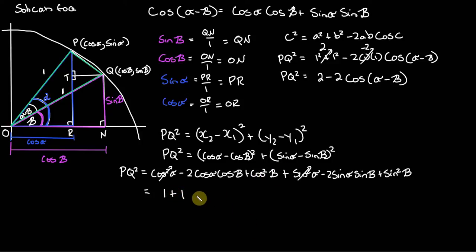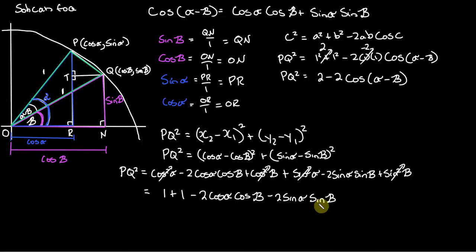And now we end up with 1 plus 1, right? These cancel. This cancels. So 1 plus 1, then what we're left with is minus 2 cos alpha cos beta minus 2 sine alpha sine beta.